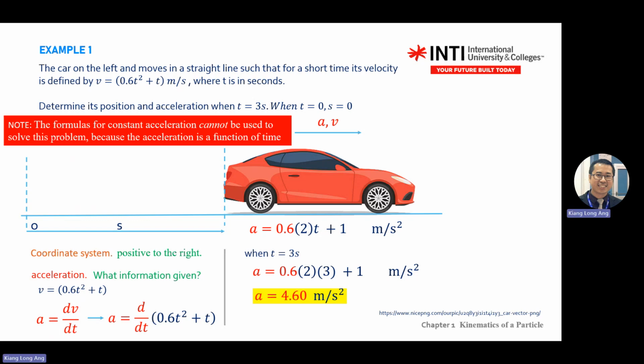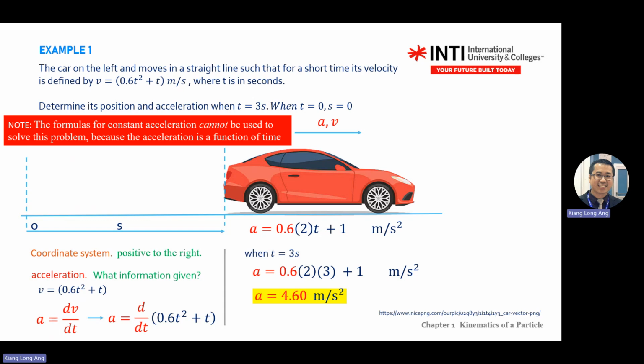So put a note there. Maybe the color is not there, but if you download the PowerPoint slides from Canvas, you see this in red color, which means it's very important. Formula for constant acceleration cannot be used. It means this Newton motion equation cannot be used to solve this question because acceleration is not constant.